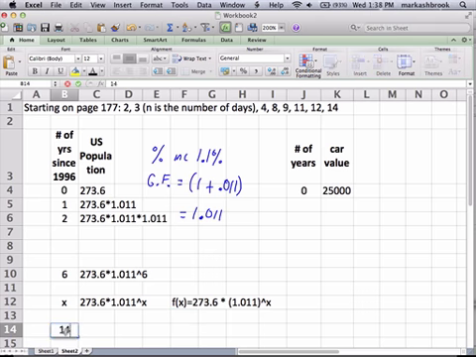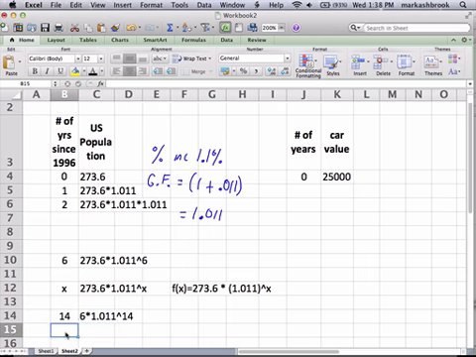Is that 14 years since 1996? Okay, so 273.6. By the 14th year, we will have multiplied by 1.011 every year for 14 years.